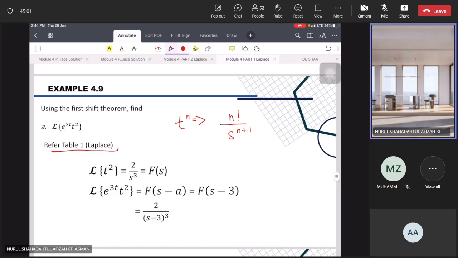So we try to do it. n is 2, s is 3. So this is the first one.